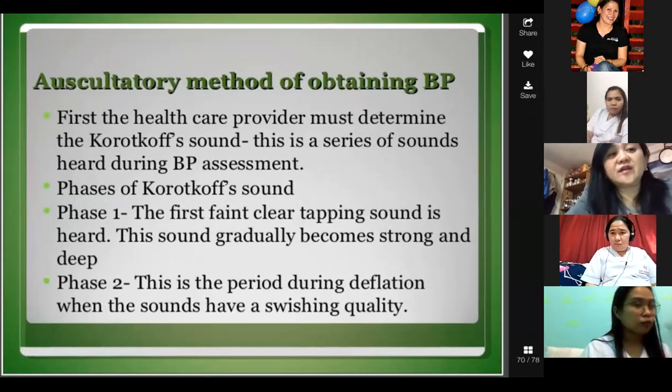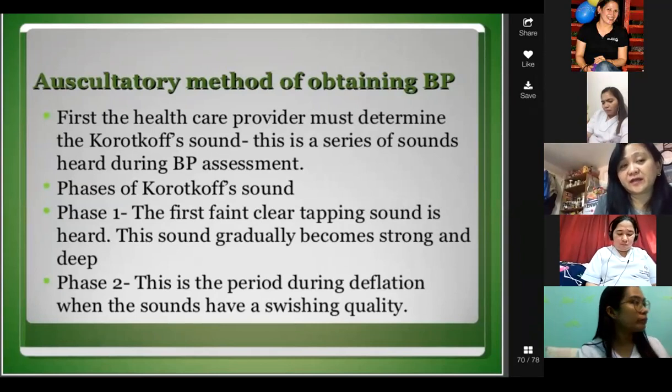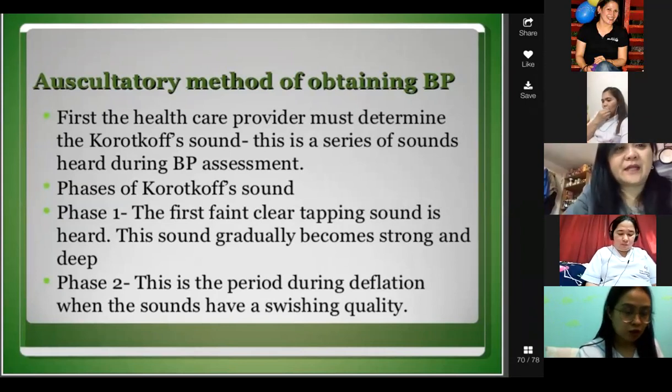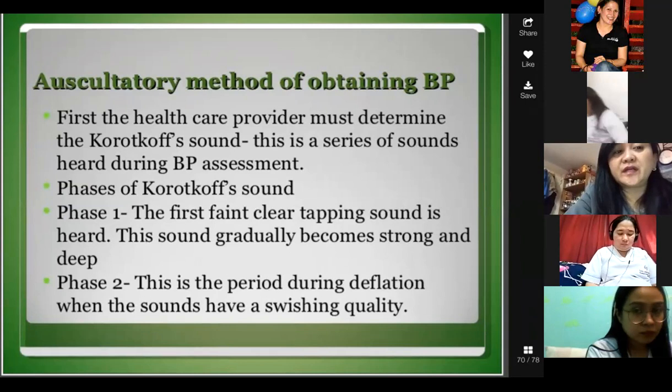Now, in the auscultatory method of obtaining the blood pressure, first, the healthcare provider, the caregiver, the nursing aide, the nurse, or any healthcare caregiver who is doing the blood pressure must be able to determine the Korotkoff sounds. This is the series of sounds that we hear in blood pressure assessment.